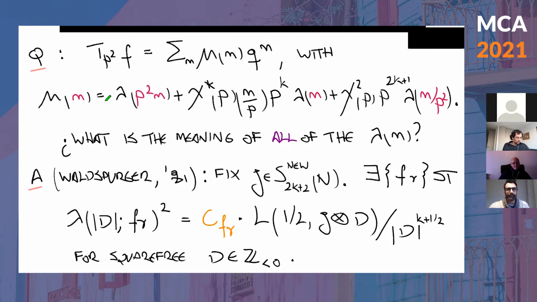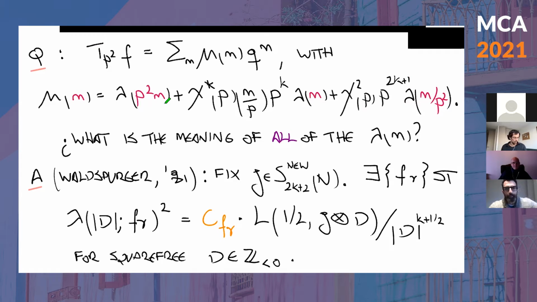So the nth coefficient is going to be related to the p^2 n coefficient, the nth coefficient, and the n over p^2 coefficient. It's pretty much similar to the integral case, but we have these squares here. So the thing is that if you have an eigenform, then this shows that the Fourier coefficients are not going to be completely determined by the eigenvalues, as in the integral case.